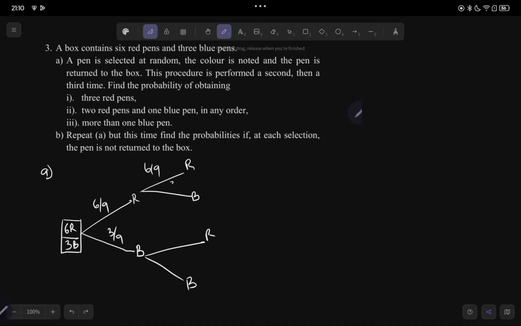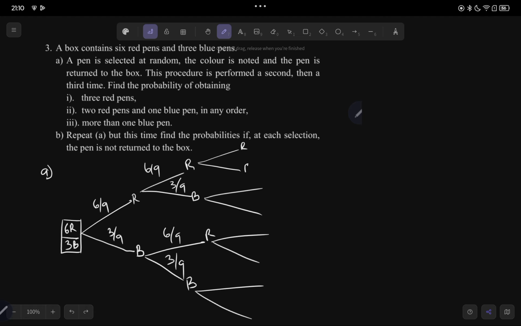6 over 9, 3 over 9, 6 over 9, and 3 out of 9. Then we go for the third time. Still we have red, blue, red, blue, red, blue, red, blue.